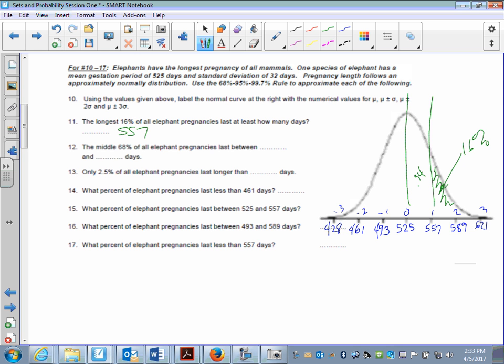The middle 68% of all elephant pregnancies last between, well, that's from -1 standard deviation to +1, so it's 493 to 557.